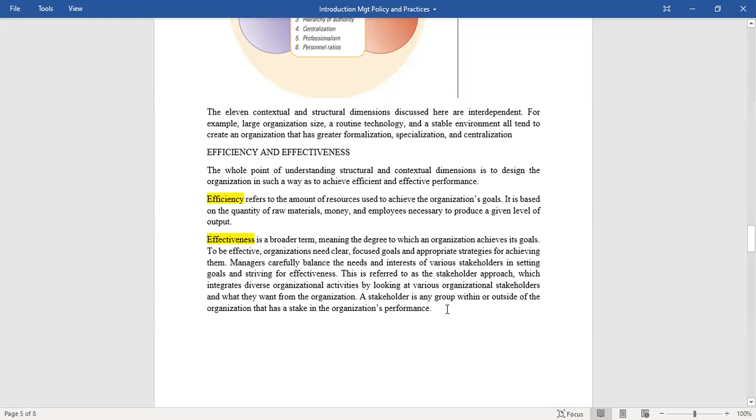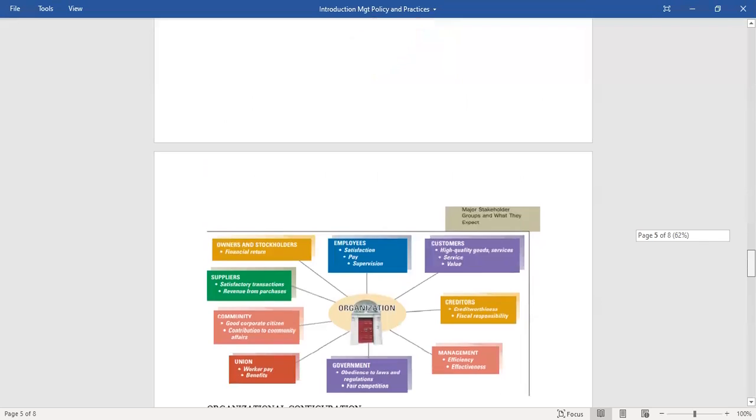So I was telling you about that. We can, for this purpose, look at the stakeholder approach. I told you that the demands of the stakeholders need to be kept in mind before the goals are determined, right? Stakeholders are any group within or outside of the organization that has a stake in the organization's performance.